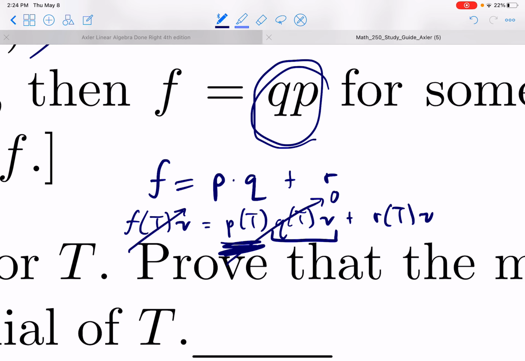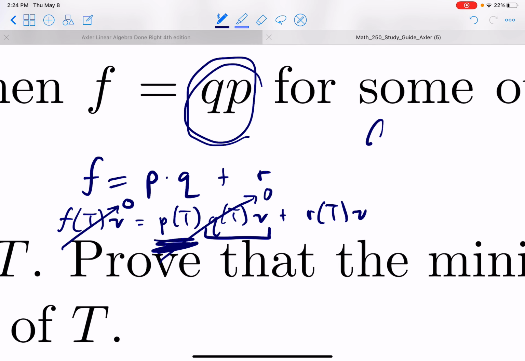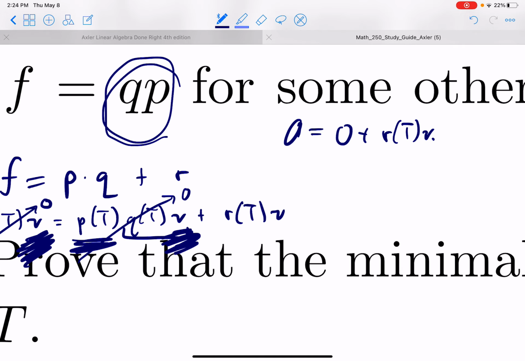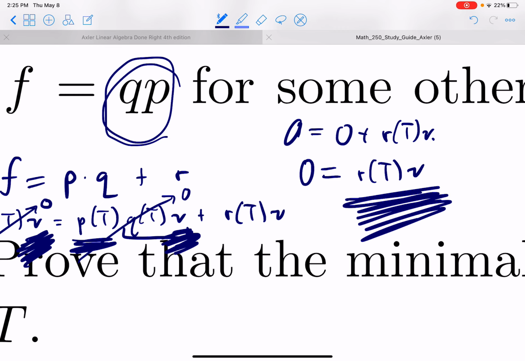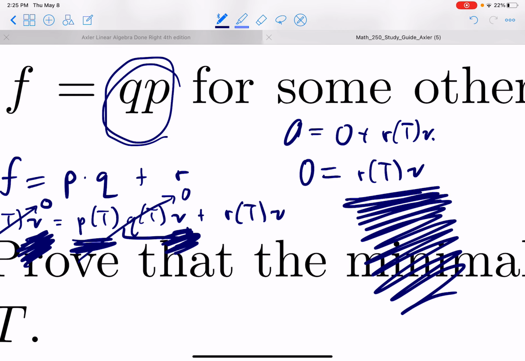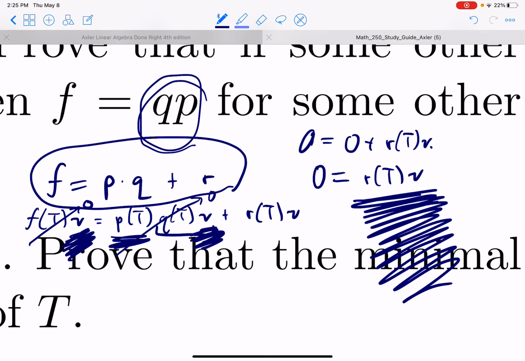f of T on the vector is 0 by assumption. We're saying f satisfies that same condition. So we get 0 equals 0 plus r of T v. r of T v is 0. And this works for all vectors because that's what we said f does. f hits any vector we want and gives 0. But this says that r of T also satisfies the property of the minimal polynomial condition, except by the division algorithm, r has strictly smaller degree than p, which is a contradiction.